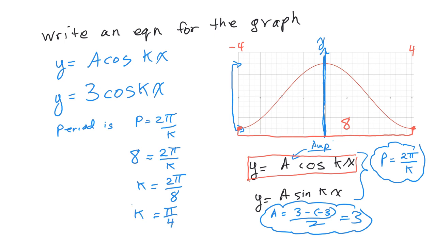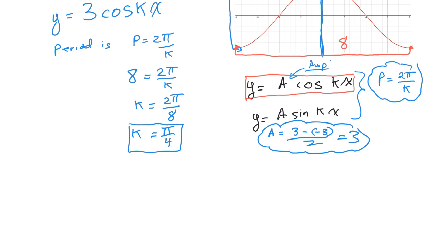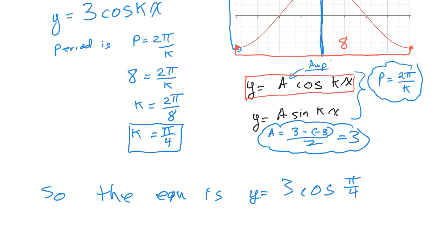So in this case, the k value is pi over 4. So our final answer is going to be this solution. So the equation is y is equal to 3 cosine of pi over 4x.